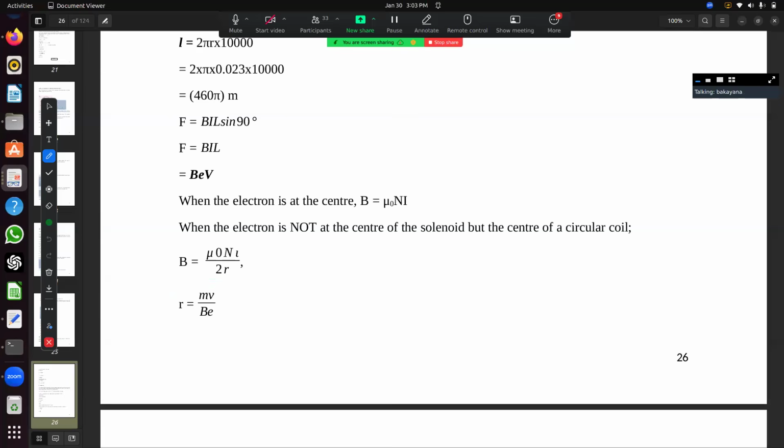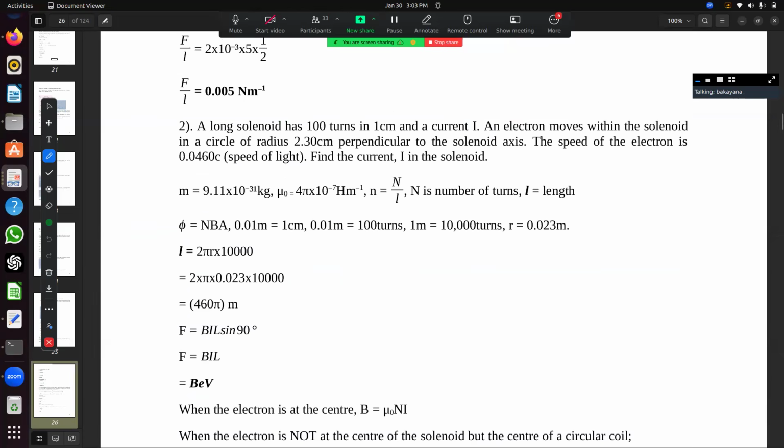But before we go into that, let us try to analyze the question. A long solenoid, number of turns, we call it capital N, is 100 in 1 centimeter. It carries a current of, are we given the current? I've not seen it so far.